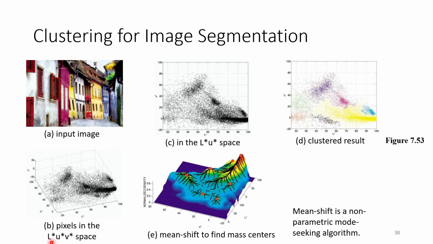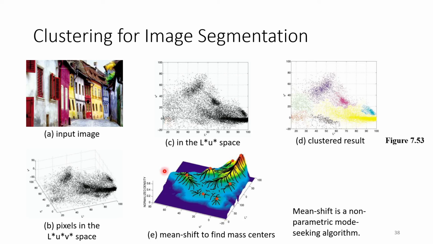Again, L means the brightness, and u and v mean the color, or chromatic channels. So it is a 3-dimensional space, L, u, v. We project this 3-dimensional space into a 2-dimensional space. We remove the v channel, so we will have only the L and u channel values here.